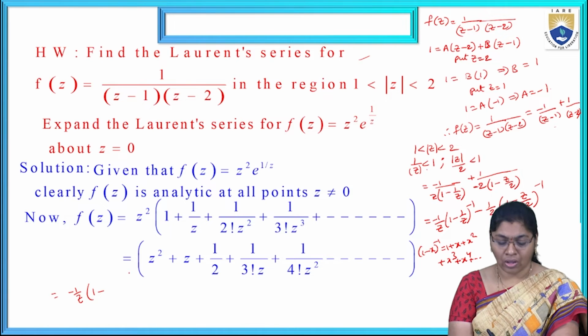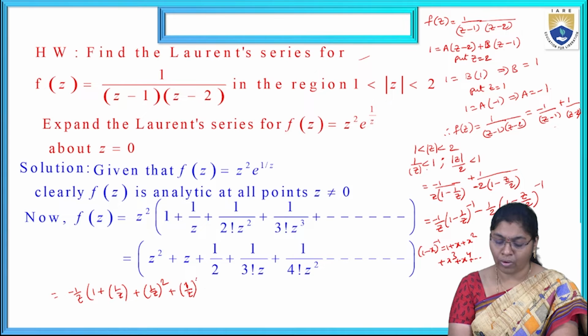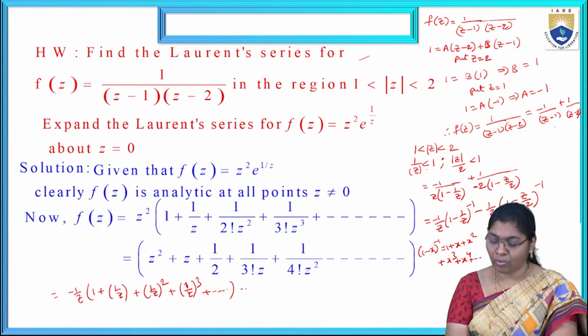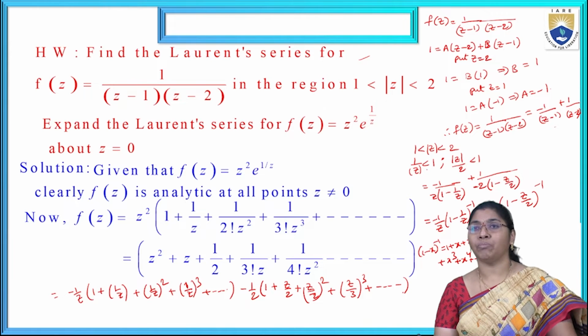Applying that, we get 1 plus 1 by z plus (1 by z) squared plus (1 by z) cubed plus up to so on. The first step is completed. For the next one, minus 1 by 2, similarly with the same condition, 1 plus z by 2 plus (z by 2) squared plus (z by 2) cubed plus up to so on. That is the complete expansion.